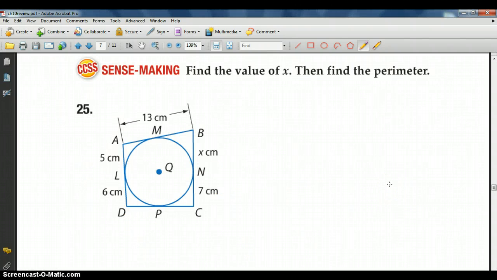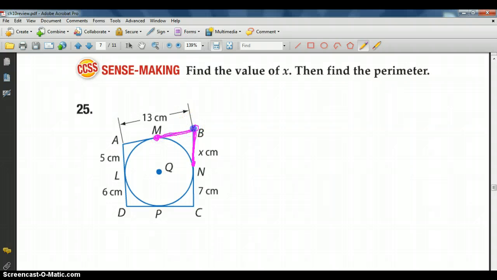This problem is also from page 737. It's number 25. Find the value of x, then find the perimeter. We're using the same concept here. So to find x, I have a tangent to the circle here and a tangent to the circle there.